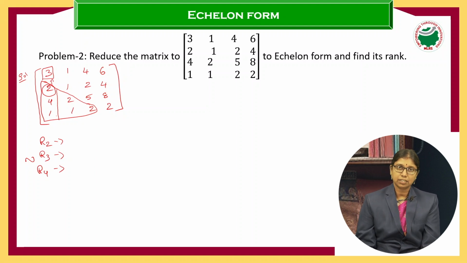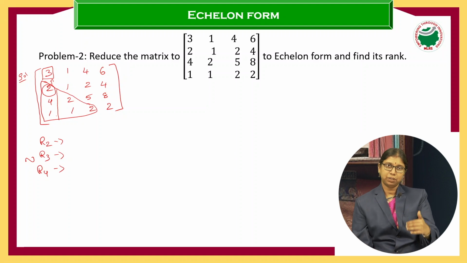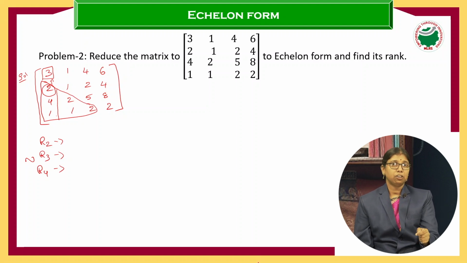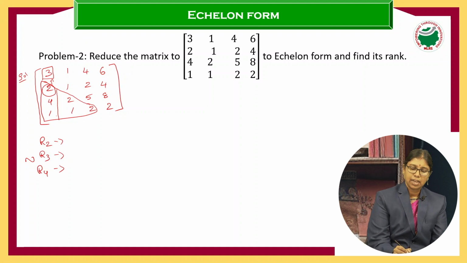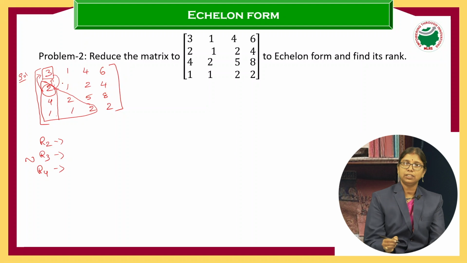In the previous case, we got a common multiple, so we multiplied that with the corresponding value. Then we got 0. But here we are not having a common multiple. Whenever you are not having a common multiple, you just do cross multiplication. Multiply this value with the above row and multiply that value with the below row. That means I'll multiply the first row with 2 and I'll multiply the second row with 3.